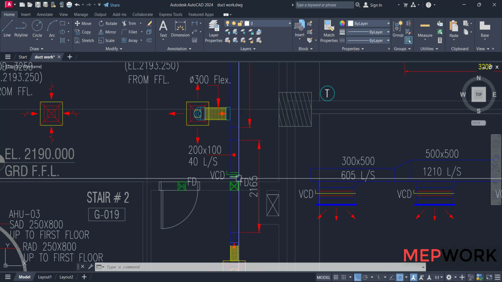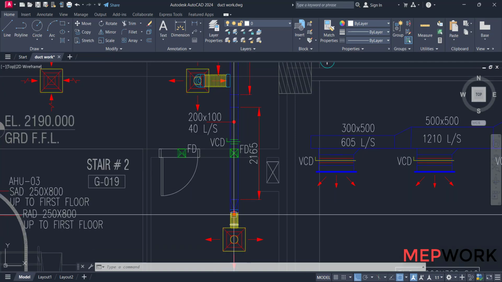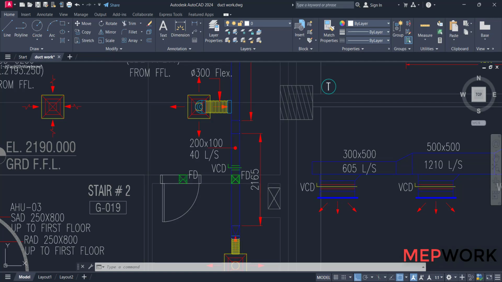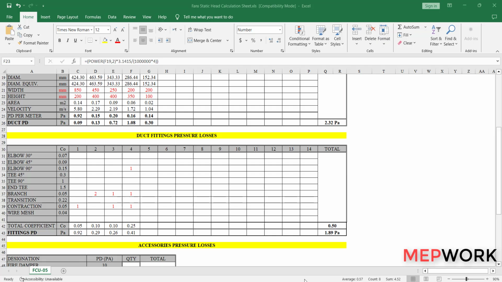The volume control damper and fire damper and the flexible connection will be added to the duct accessories. One transition on this part.